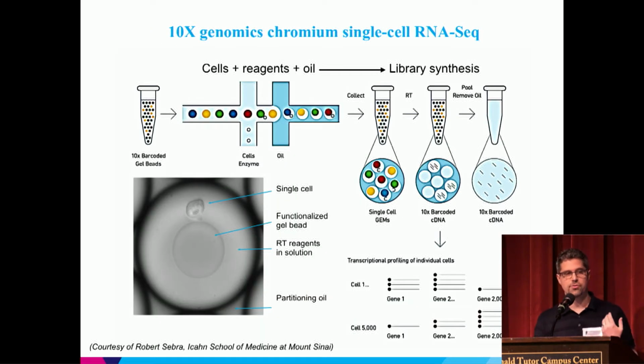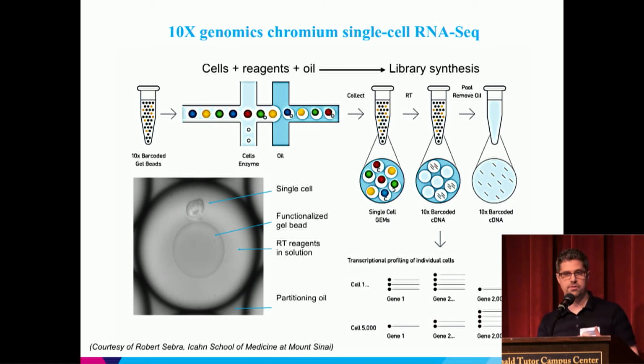The approach that we're using here is chromium single-cell sequencing, and the basic principle is we use microfluidics to sort our cells. Each cell eventually gets separated into a unique droplet together with a bead. That bead contains unique barcodes, and within that droplet, we lyse the cells and do a cDNA reaction.